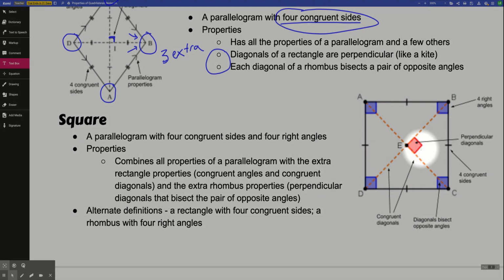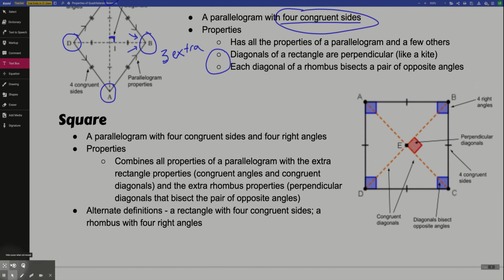So the extra rhombus properties are the perpendicular diagonals and the 4 congruent sides, and then you have the bisected angles, okay? And then the extra rectangle properties are the congruent diagonals and the 4 right angles, okay?